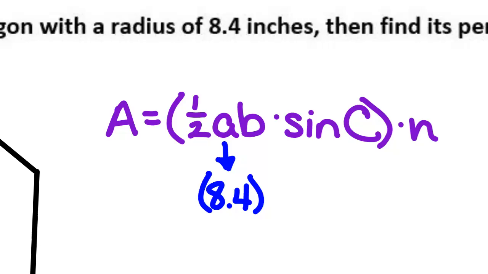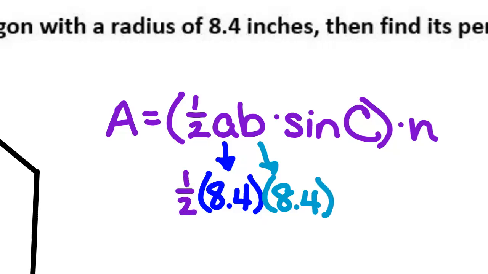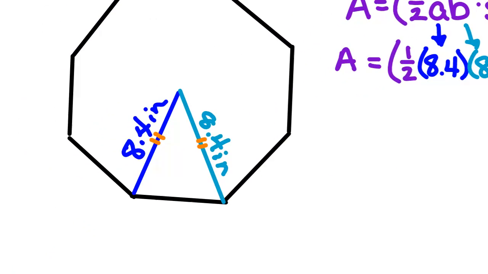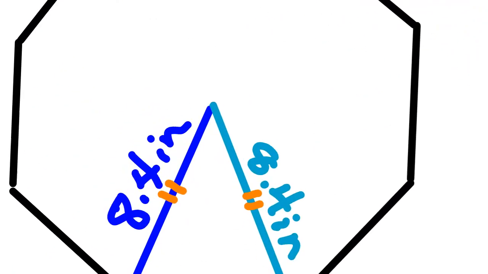So 8.4 for A, 8.4 for B. Then we have the 1/2 out in front. And then we have sine of angle C. So we're going to need to find this central angle, the angle in between my two radii.